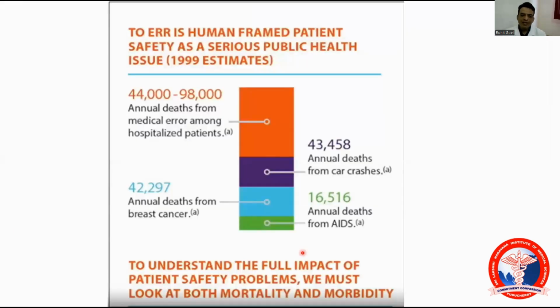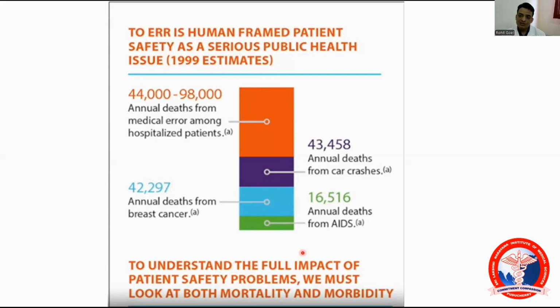Now let's begin by reviewing some already available data on medical errors. In this context, a 1999 report by the Institute of Medicine, titled "To Err is Human," becomes very relevant.